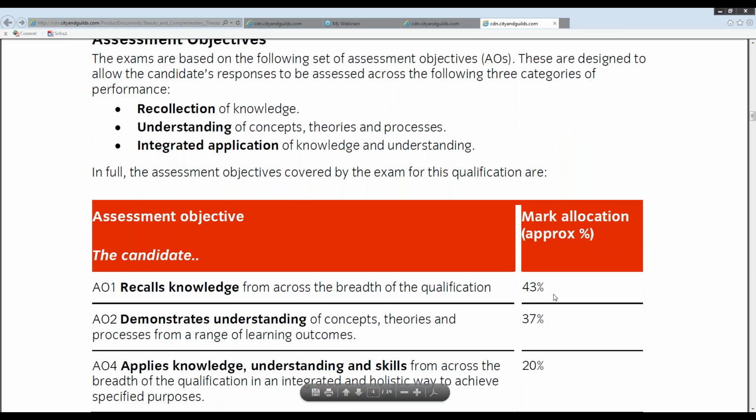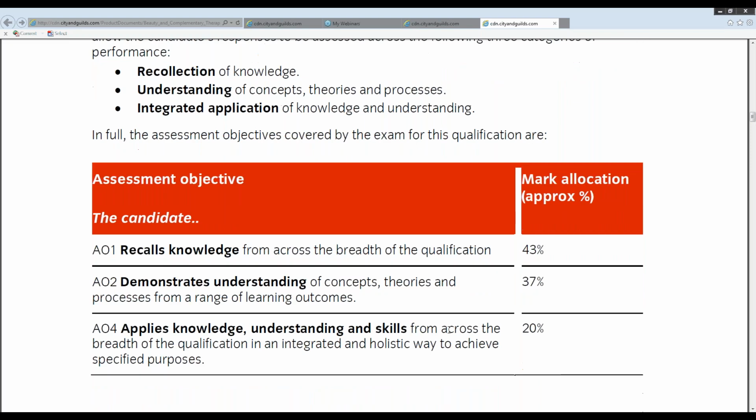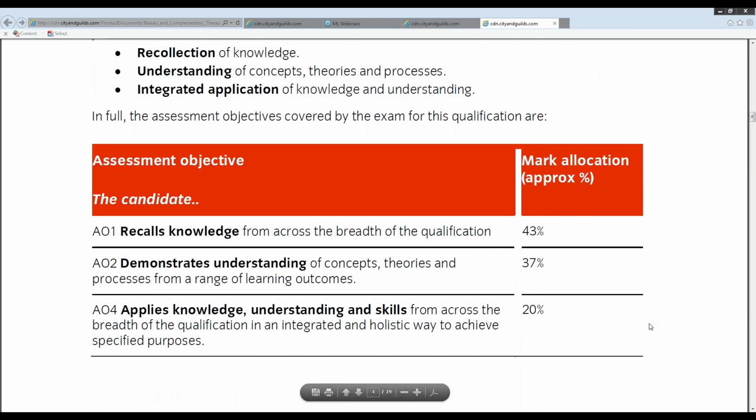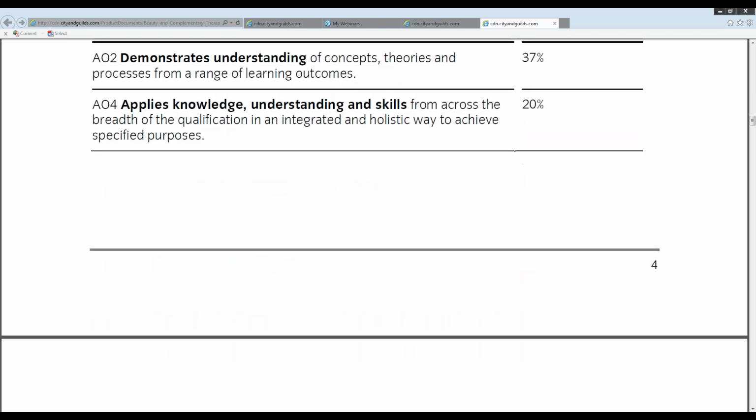Recollection of knowledge is going to be 43%, which is going to be questions around your list, your state, your label type, lower level command verbs. 37% of it is going to be around demonstrating understanding, so where the learners have got to tell me why, to describe, explain, compare. And then you've got 20%, which is going to be from your case study type questions.